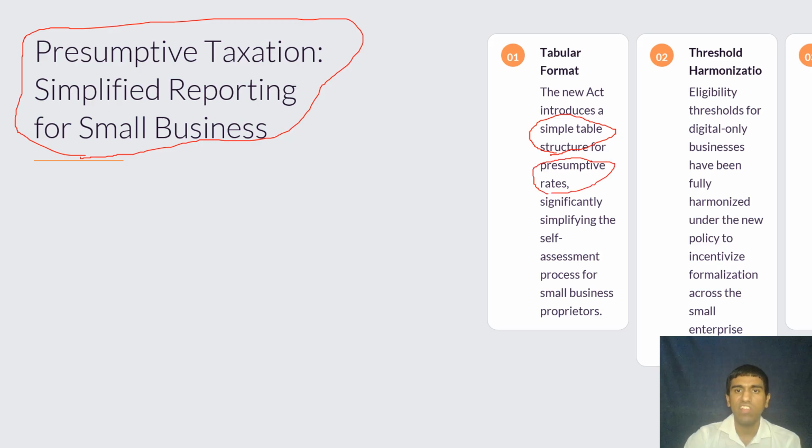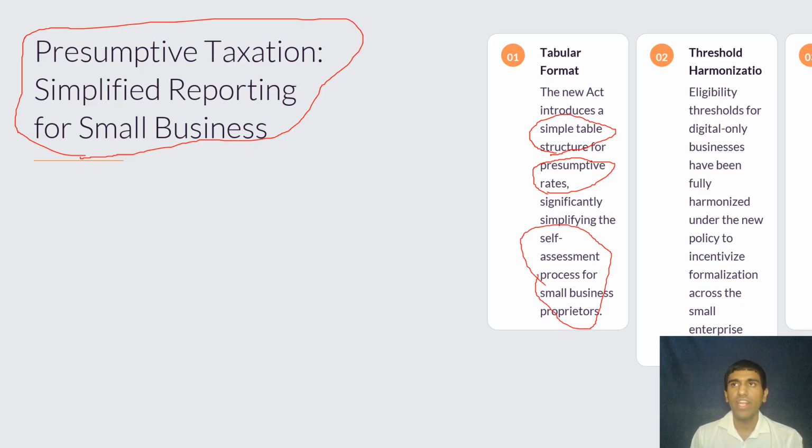Under the old law, even though it was 6 to 8%, sometimes multiple rates could be imposed, like say 50% for professional services rendered and so on. But now, instead of that, there is a simple table structure specifying rates for businesses who want to be taxed under presumptive rates. So again, the self-assessment procedure for small businesses is now simplified.